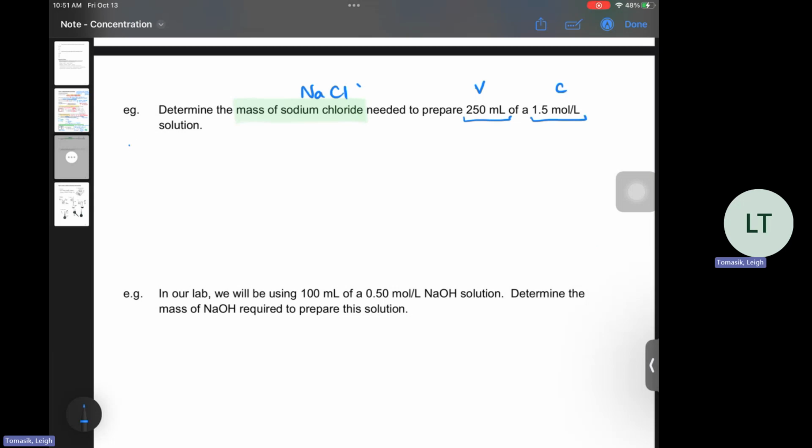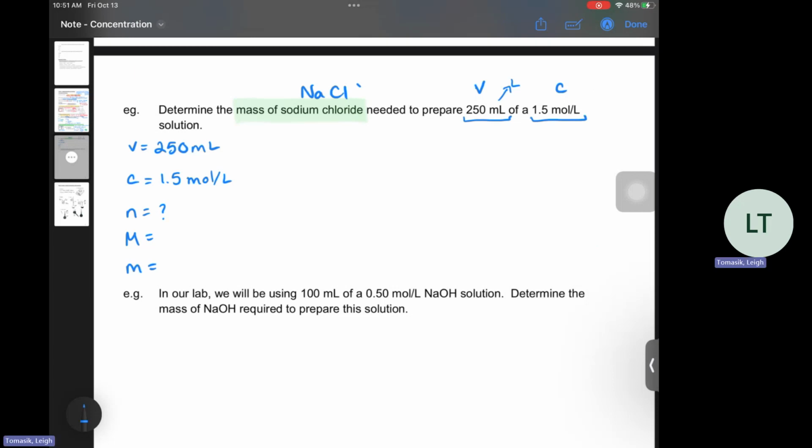We are given a volume of 250 milliliters, which is not in liters, so we need to convert it. With the volume and concentration we can determine the moles, then find the molar mass, and then find the mass.